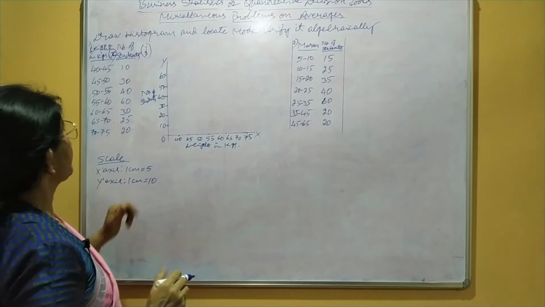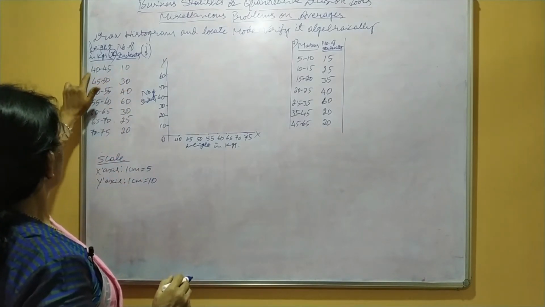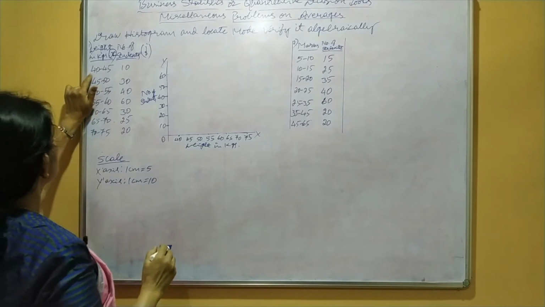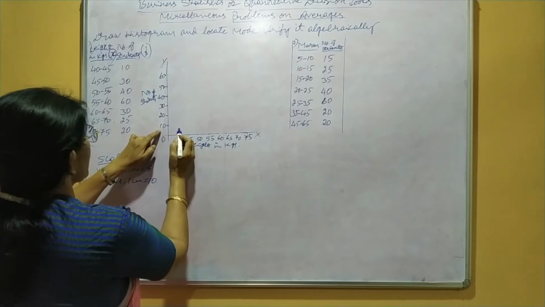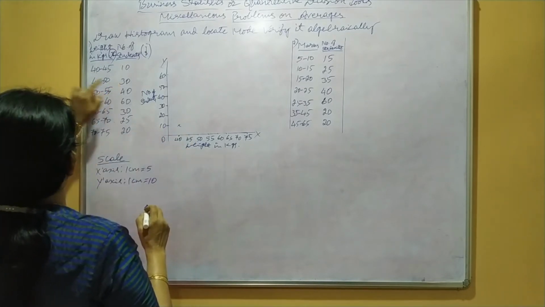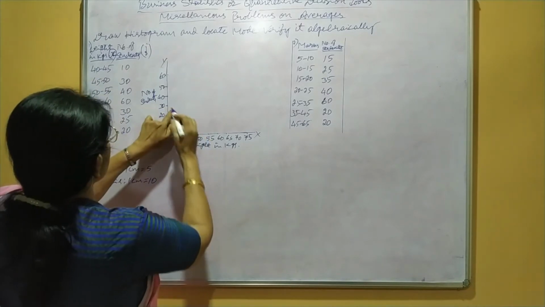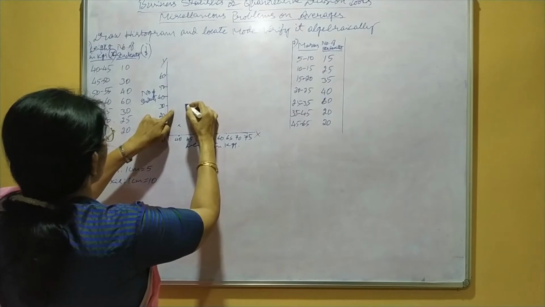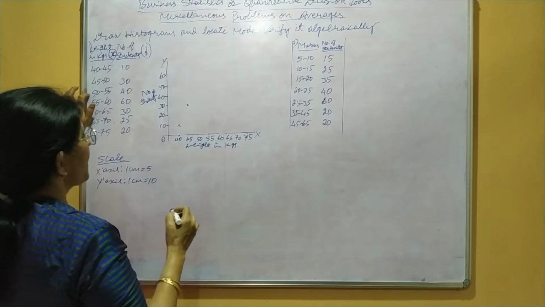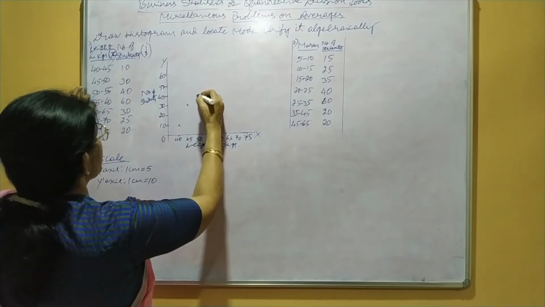That means now mark here 10 corresponding to the lower limit, that is 40. 30 corresponding to lower limit 45. 40 corresponding to lower limit 50.